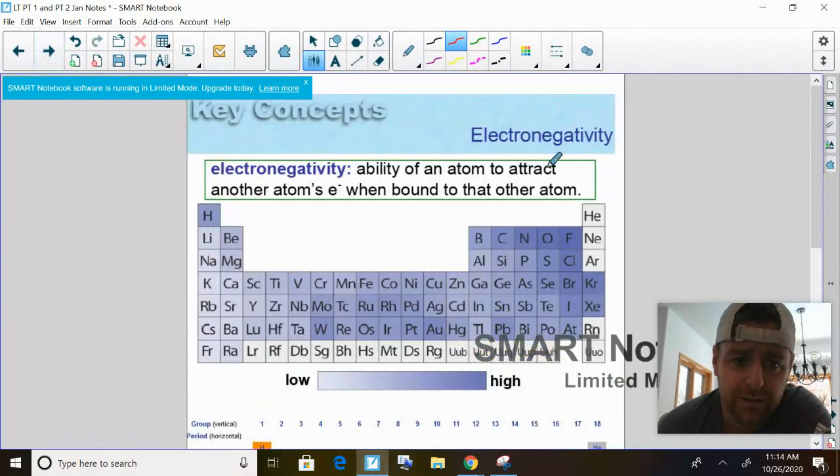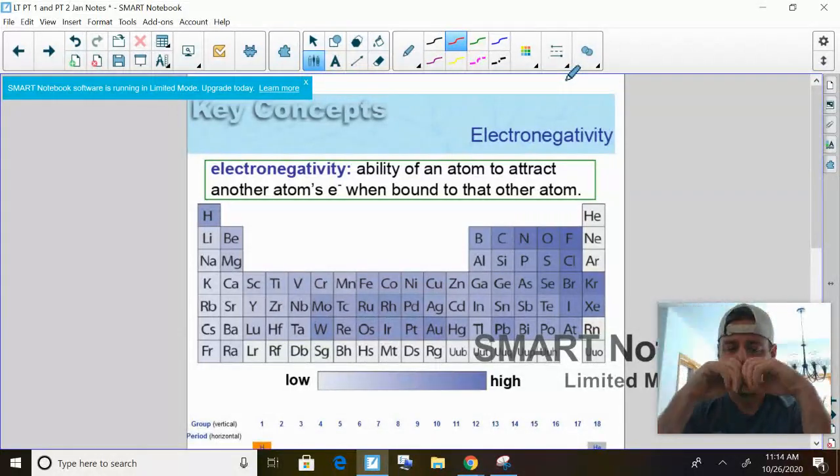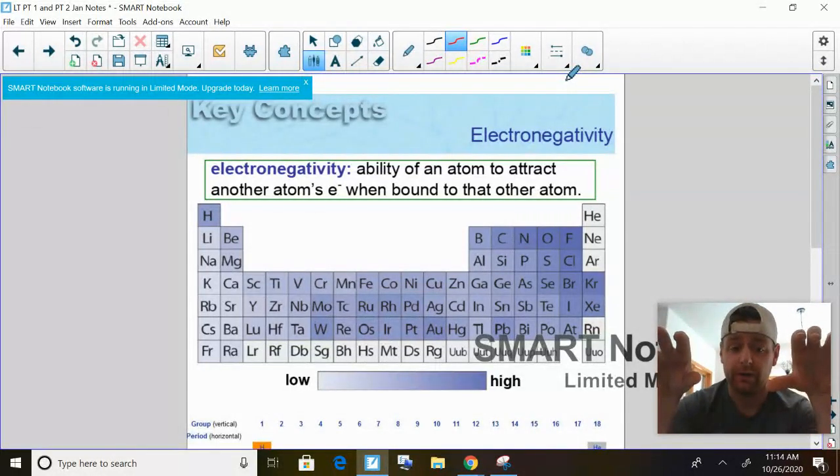The next trend is called electronegativity. We talked about this idea that every atom wants 8 valence electrons. The definition is the ability of an atom to attract electrons when bonded to another atom. So basically, how bad does it want electrons?